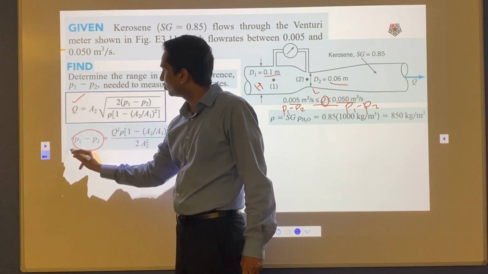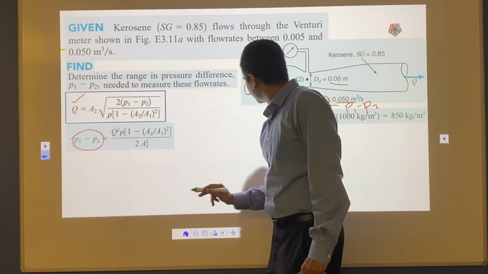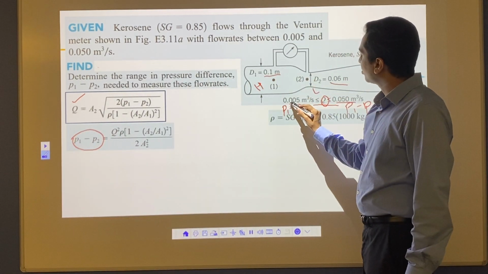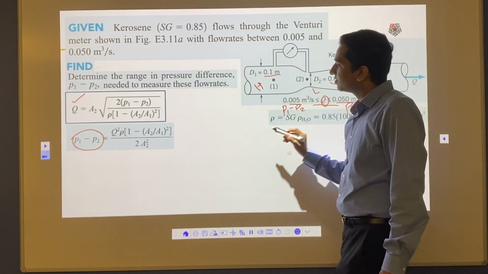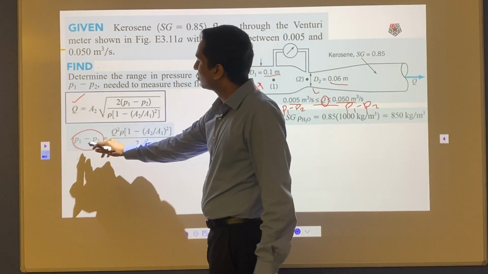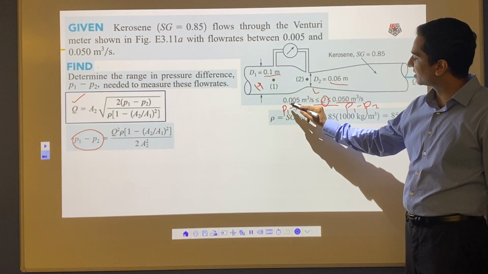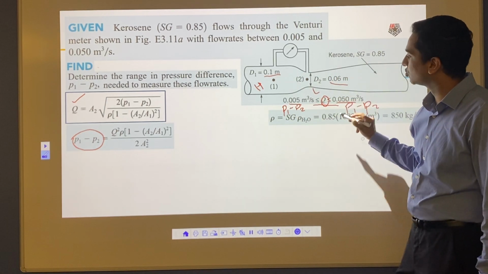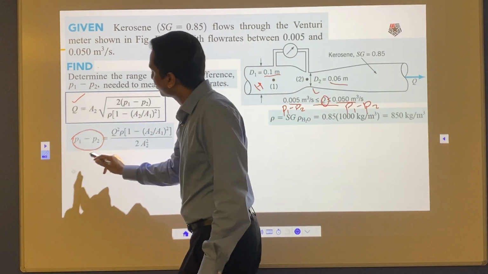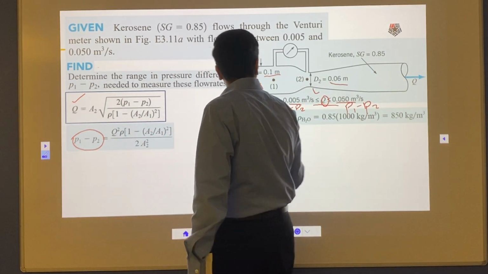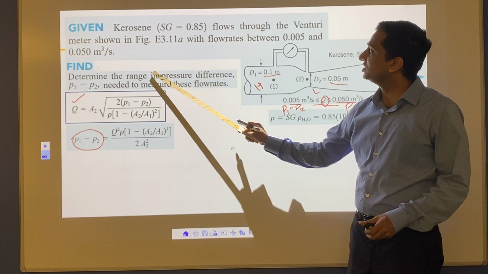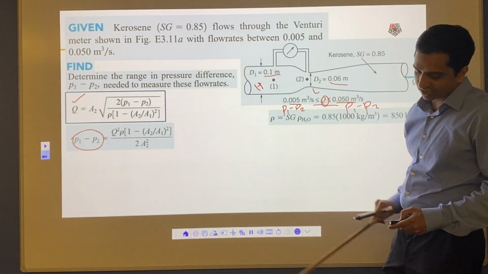For P1 minus P2 it will look something like this, and for the first part we take 0.005 meter cube per second here and calculate P1 minus P2. That will be my first part for the range. For the second part I'm going to take 0.05 here, and still calculate P1 minus P2, and then I will get the range in pressure difference needed to measure these flow rates.